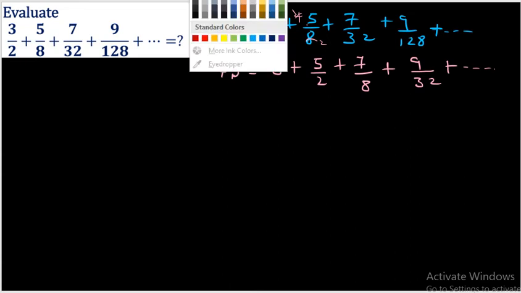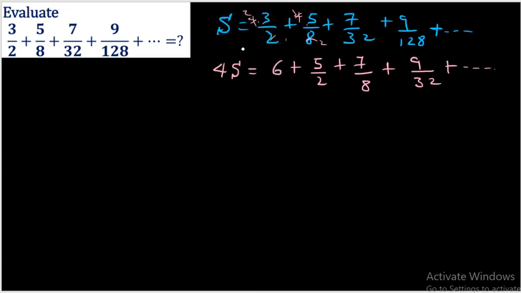Next step, we take the difference of the two equations. From the second one we subtract the upper one, because 4s minus s is obviously going to be 3s.